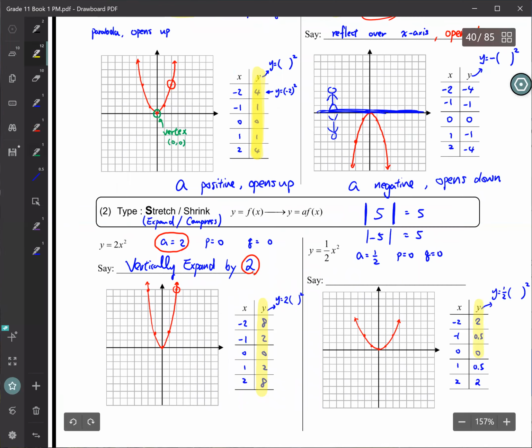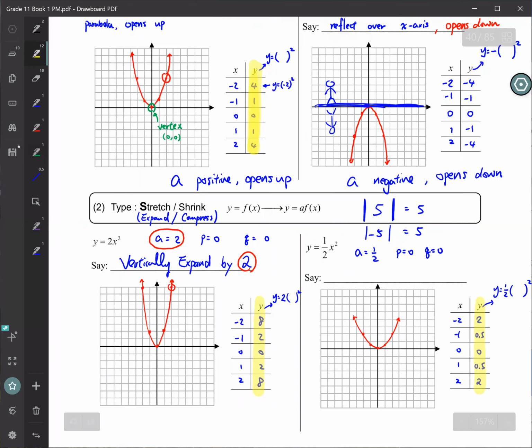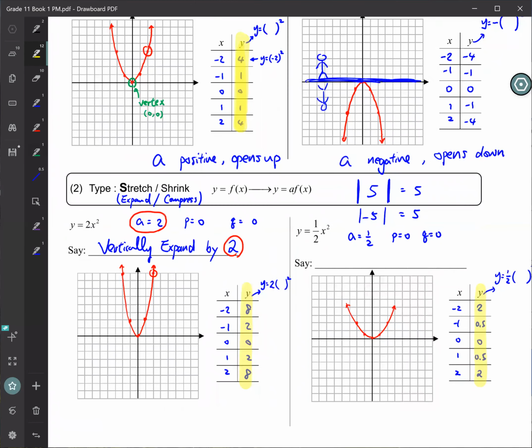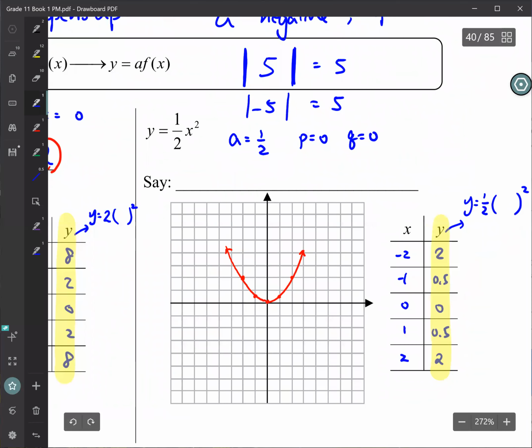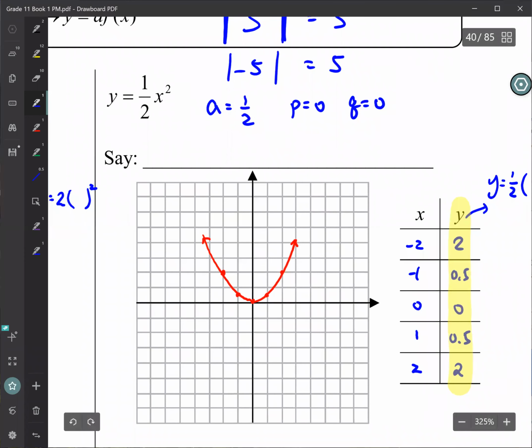If I would like you to describe this one, what would the sentence be? Does anyone want to try? Any volunteer? Vertically what? Anyone?